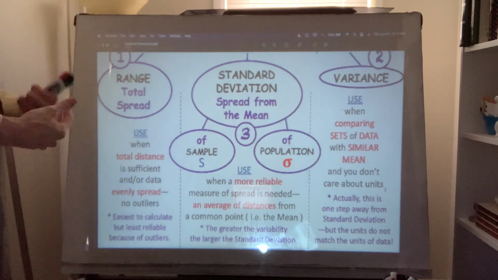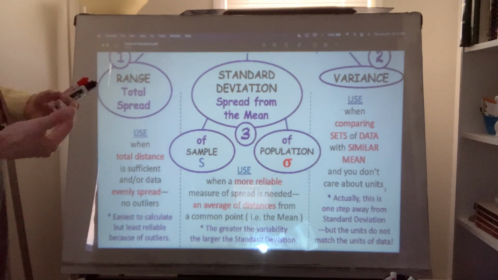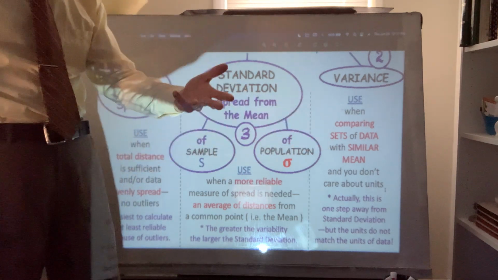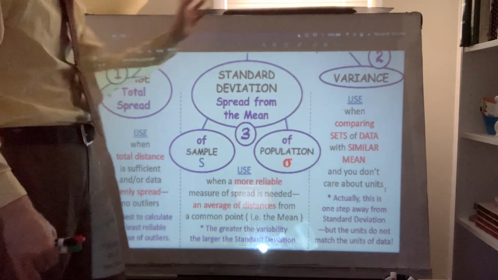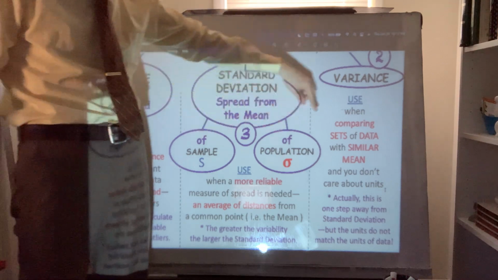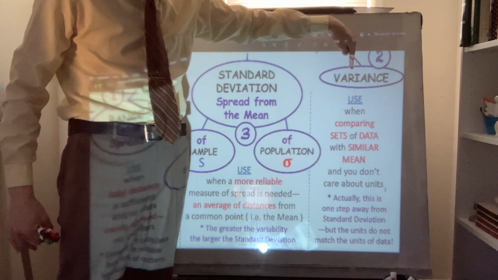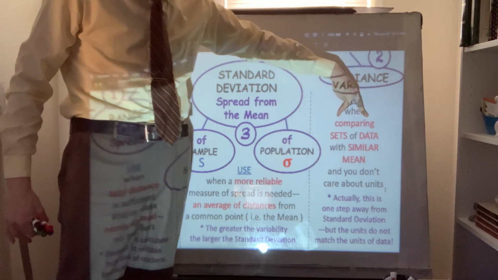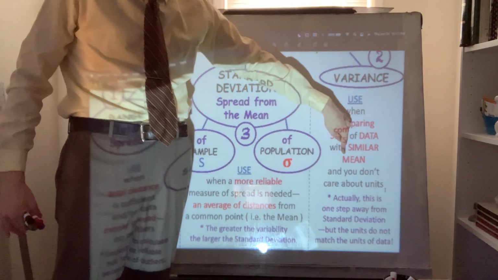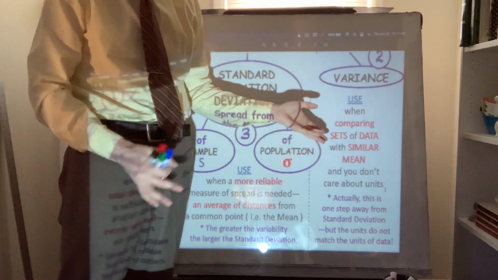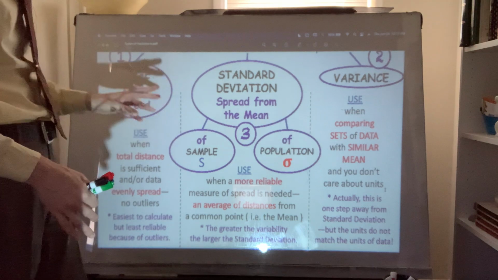But it maybe isn't really understandable unless you're comparing it to something else, a second set of data in which you calculate a range, a variance, or a standard deviation. Bear this in mind because it's important. You use variance in particular when comparing sets of data with a similar mean. So their average has to be basically close. Doesn't have to be exactly the same, but it's close.